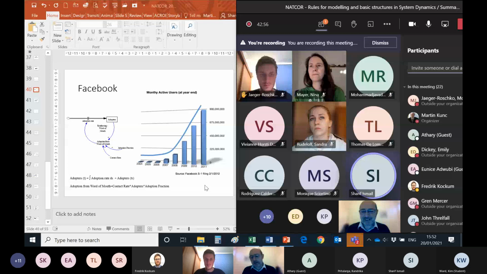For example, if you want to know the number of skills of a person, and this is an intangible stock, maybe you can calculate through a proxy, for example, the number of languages that they speak, if you want to measure the skill of being able to speak different languages.